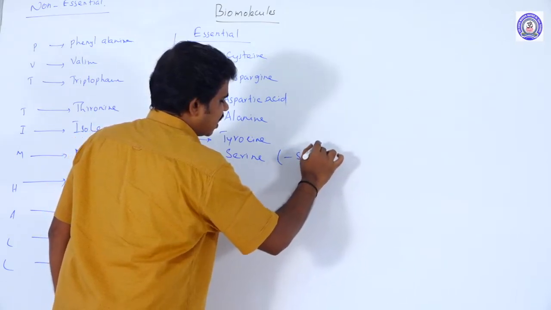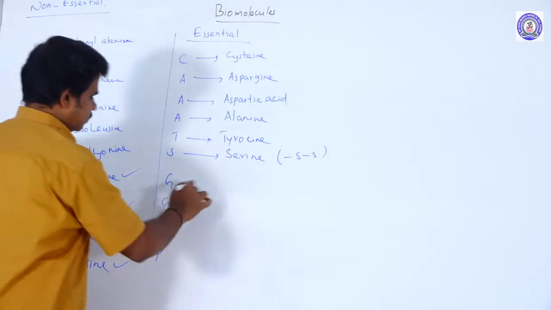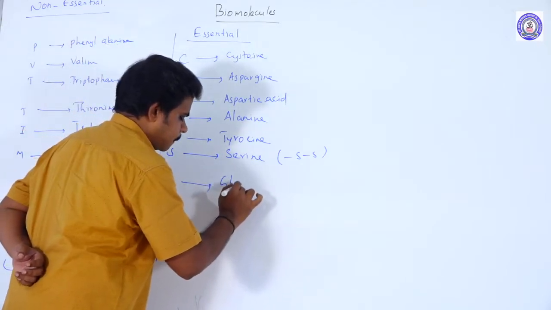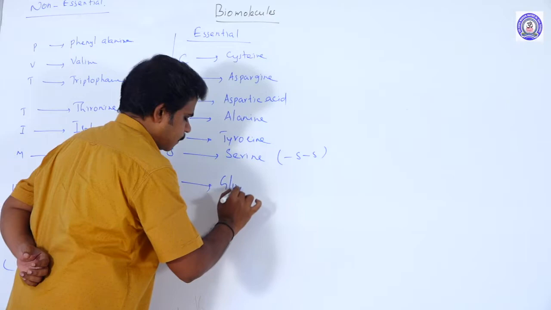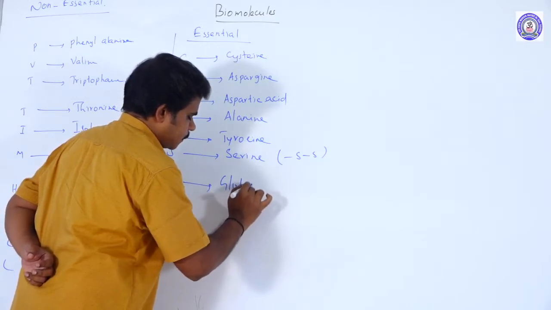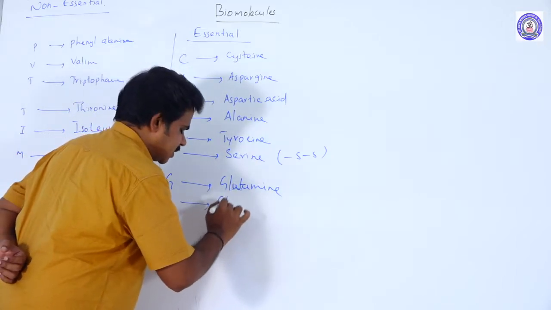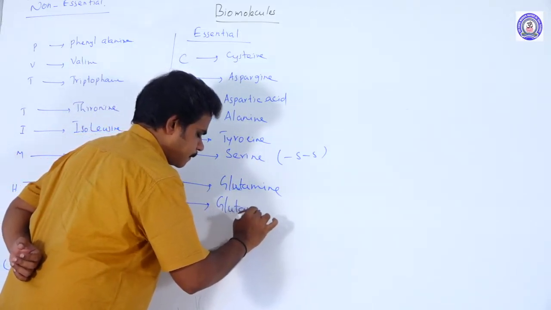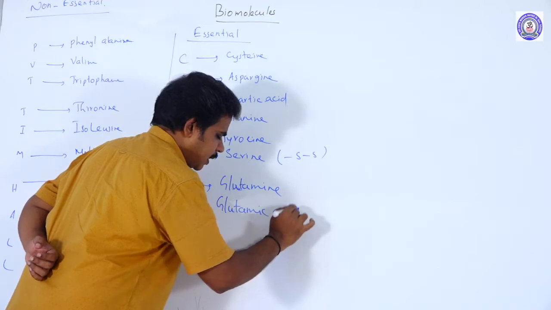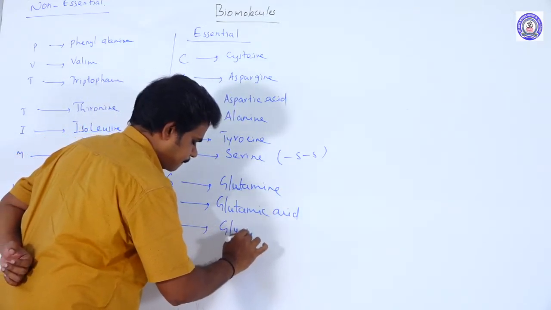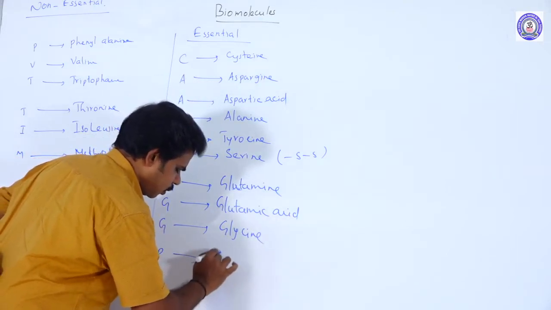Contains disulfide bonds. And it is glutamine, then glutamic acid, then glycine and proline.